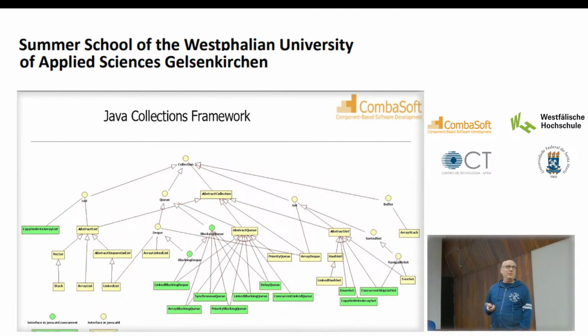It's the implements arrow, because interfaces can have inheritance between them, but an interface is implemented by a class, abstract or not abstract. Okay? So that's an ordinary UML diagram, and if you know UML, you can read it.